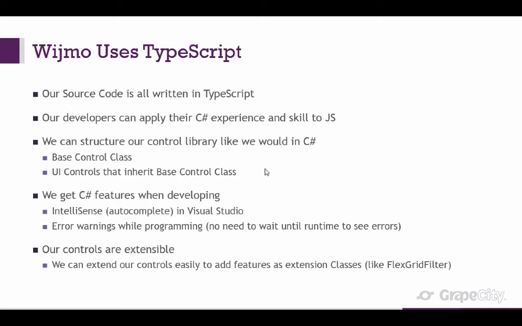Things like that we can catch before we even run our project. And that's invaluable, especially in JavaScript. That saves a lot of time from having to develop and then run, and then you get an error, and your error is not always related to the root problem. So it's a really nice way to catch things before they go out the door, or before they're even run in the browser.